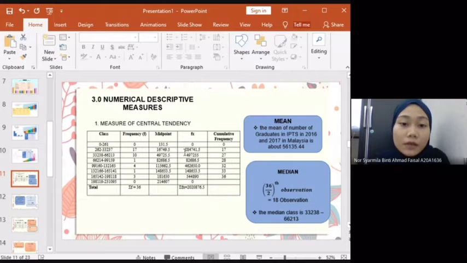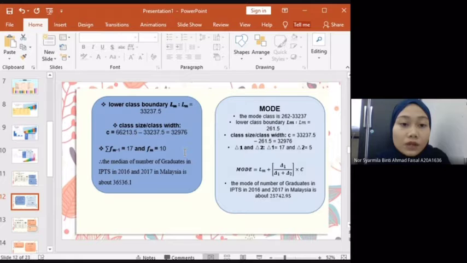Mean. The mean of the number of graduates in IPTS in 2016 and 2017 is about 56135.44, and the median class is 33238 to 66213. For the lower class boundary is 33237.5, and the class width is 66213.5 minus 33237.5 equal to 32976.